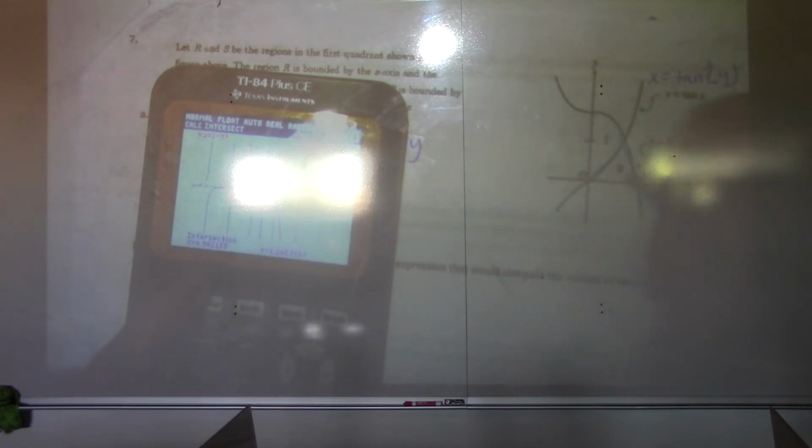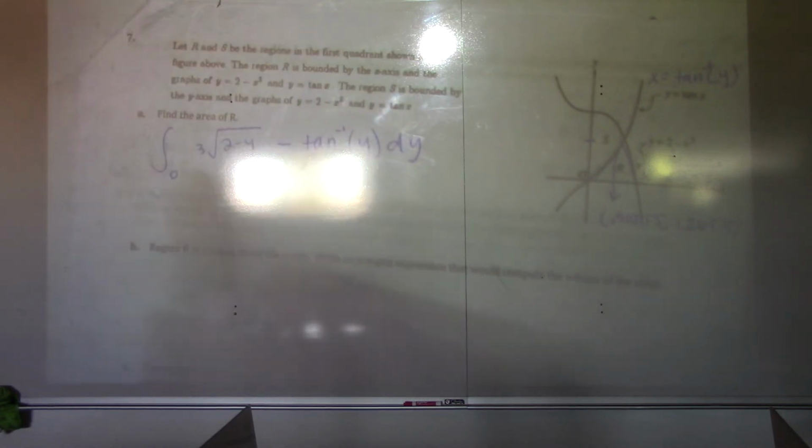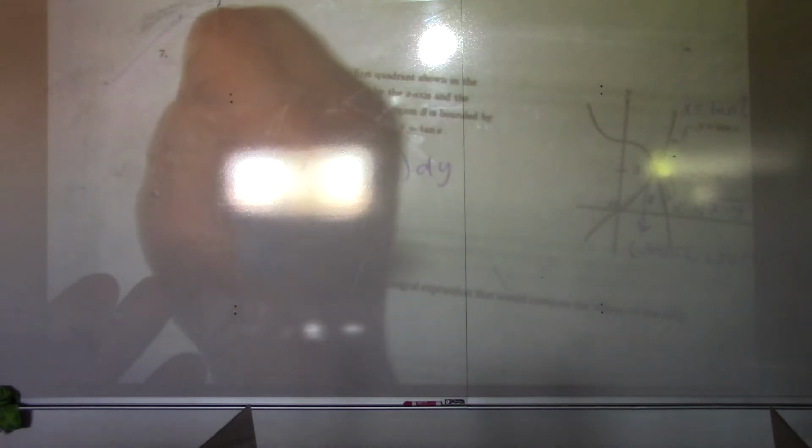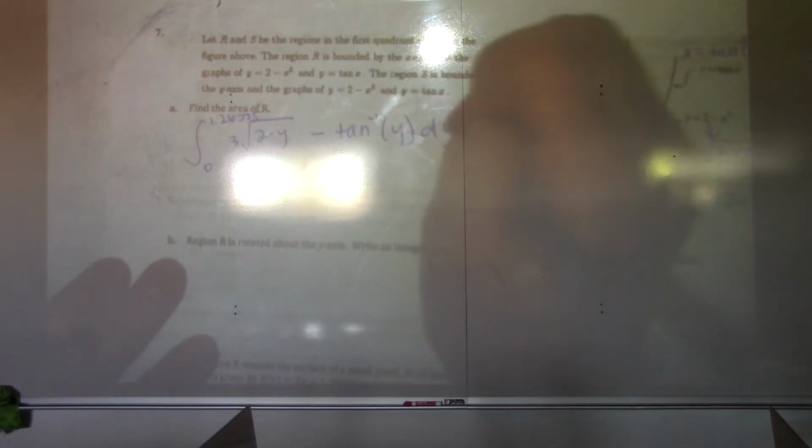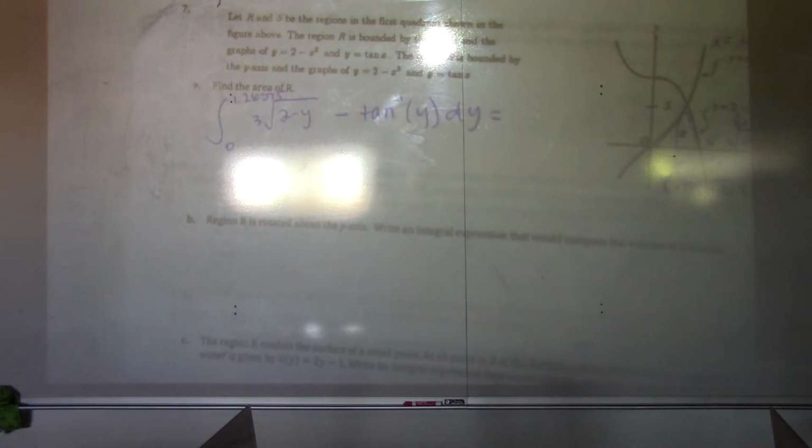So this intersection, I'm going to make an arrow down here, is 0.902155 and 1.2657. Right, I'm doing the y values right now, so I want to go 0 to this y value, 1.26575.